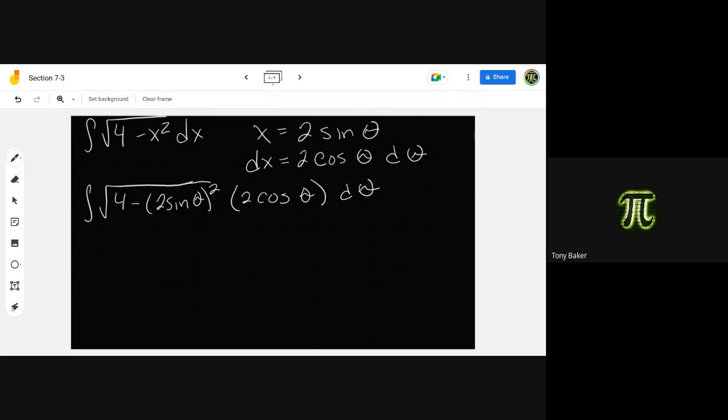Why 2 sine theta, and why 2 and not some other number? You'll see in a second.